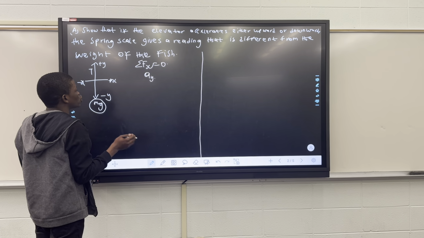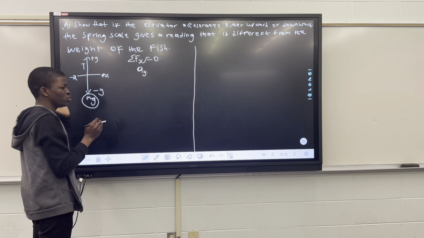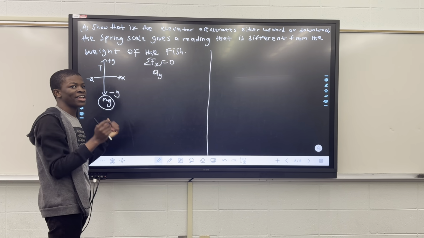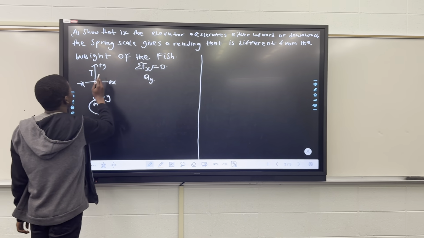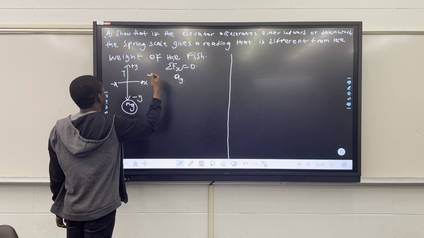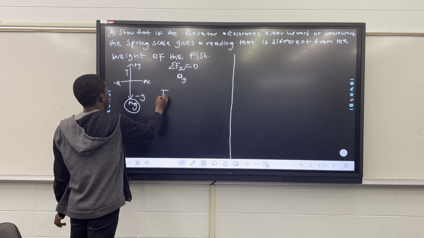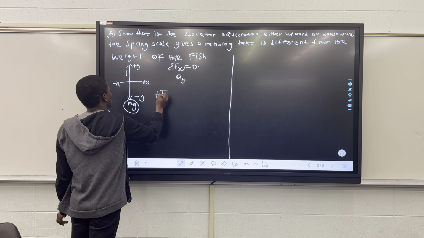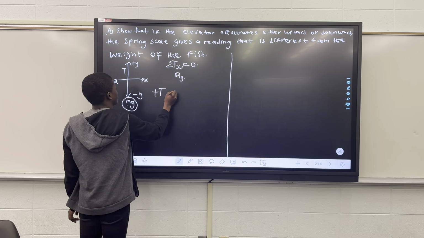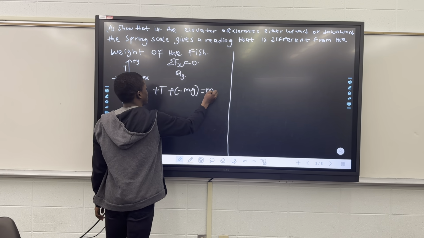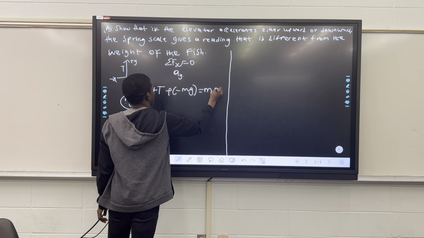Now the sum of all the forces according to Newton's second law will be the mass of the fish multiplied by the acceleration of the fish. We'll set up like how we did before. The sum of the forces acting on the fish is the tension plus the negative weight, equal to the mass of the fish times the acceleration of the fish.